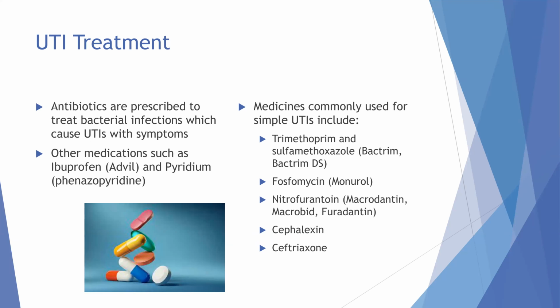In addition to that, the provider may also recommend the individual take Advil to help with some of the pain symptoms. And then you see this other medication listed here, phenazopyridine, which may also be prescribed to treat the symptoms of pain, burning, and itching that some individuals might experience.